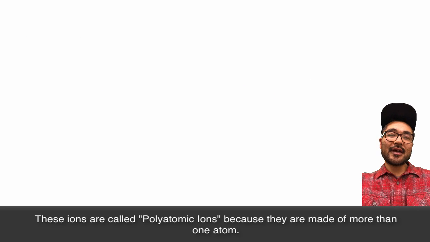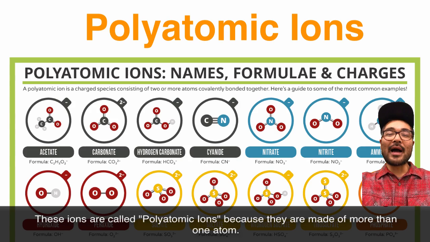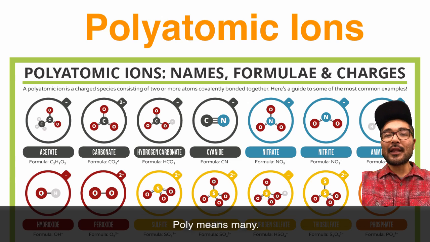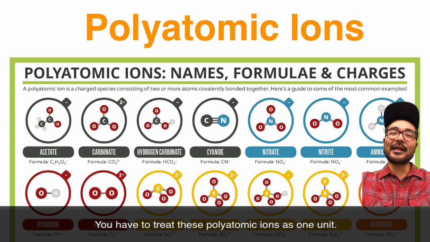These ions are called polyatomic ions because they are made of more than one atom. Poly means many. So they are like charged molecules, polyatomic ions. You have to treat these polyatomic ions as one unit.